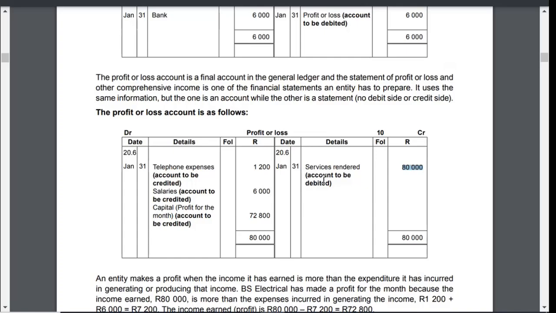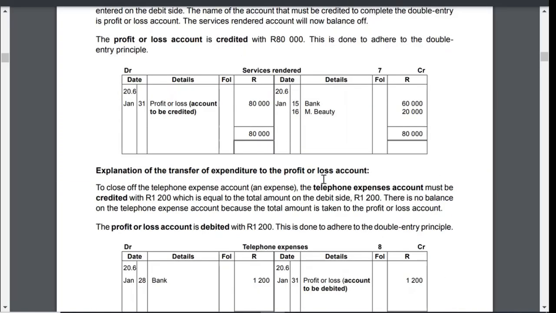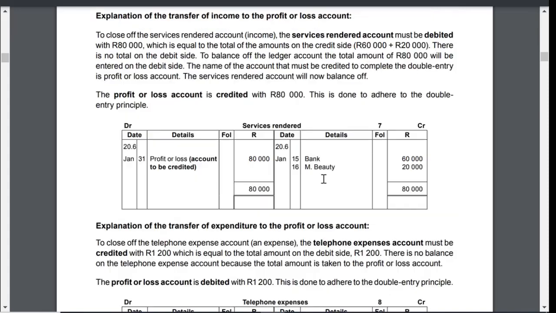Are you with me? A profit and loss account is created to determine if a company has made a profit or loss. So they take the balances out of the individual income and expense accounts and put them in the profit and loss account.